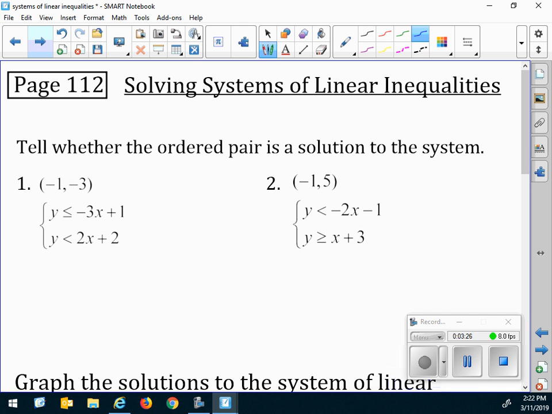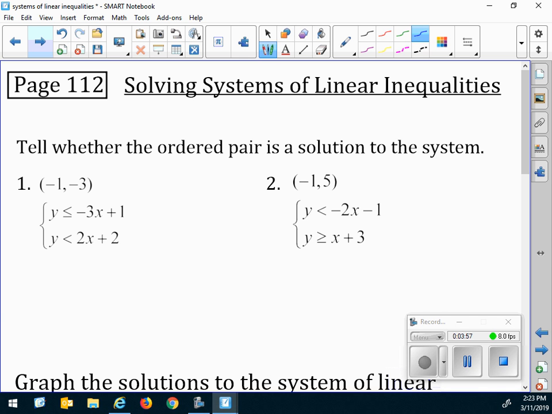How did you decide if a point was a solution to an inequality? You plugged it in and did what with it? And see if it made a true sentence. Now, when you have a system and you want to know if that point is a solution, you got to plug it into both. And the question is, does it make both of those inequalities true? So, this is what you need to write at the very top, just like your page 111.